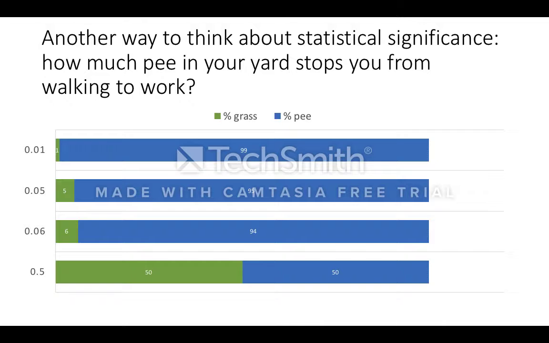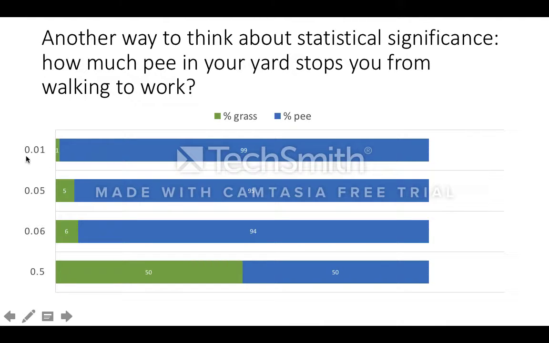There could be random reasons in the world that occasionally there might be pee in a person's yard. Someone's child is walking to school and has an urgent bathroom situation. My dog comes by and pees on your yard. So it is possible that someone could have some amount of pee in their yard and have it be due to chance alone. But the p-value tells you what the probability of that is.